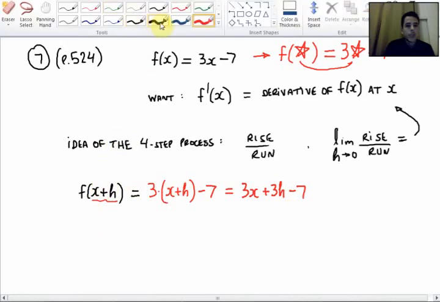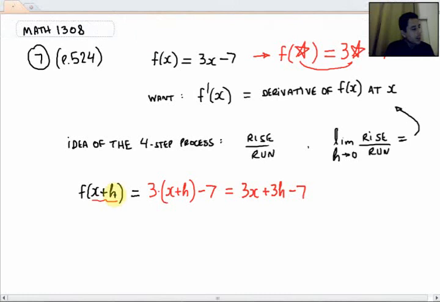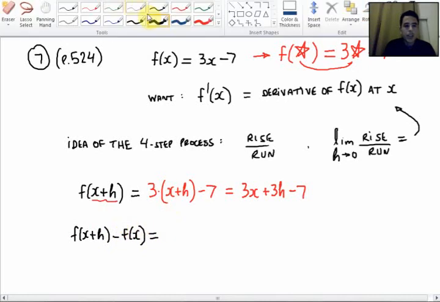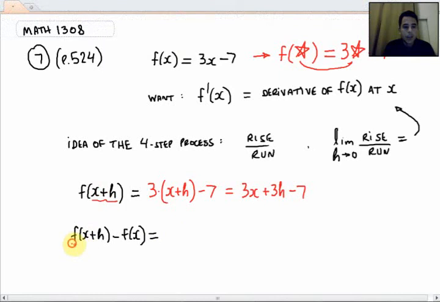Then they want us to compute what? f of x plus h minus f of x, all right? f of x plus h minus f of x. Okay, well, f of x plus h is already here. See, this one is this one here. Okay, let's put that in here.